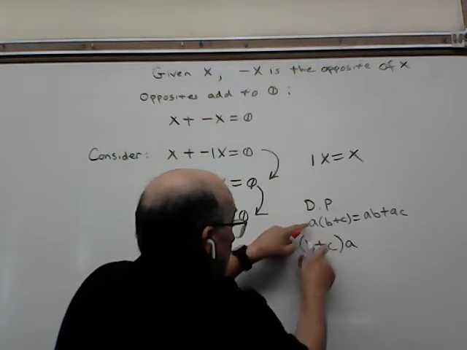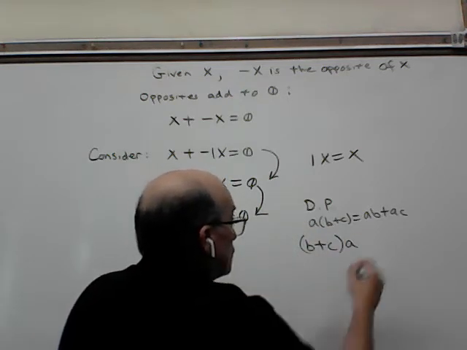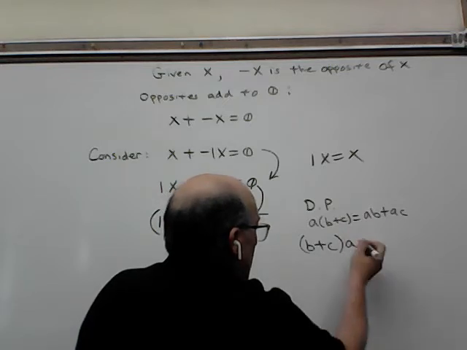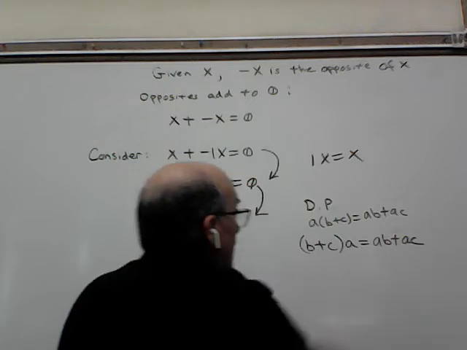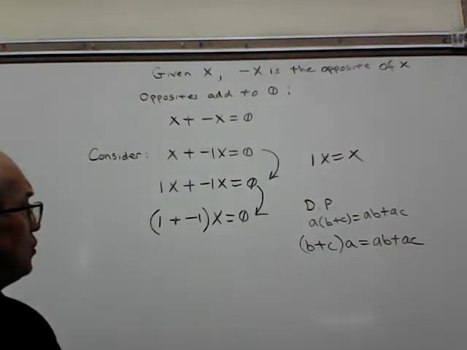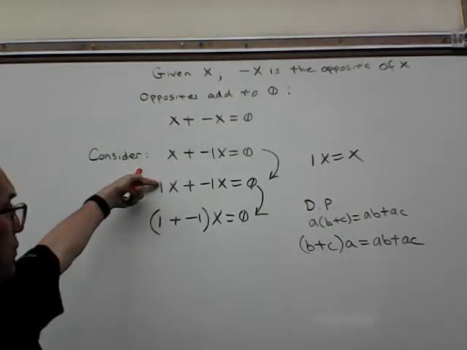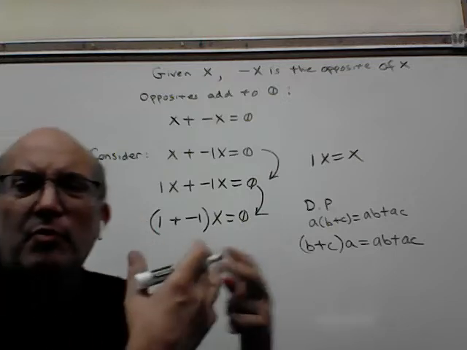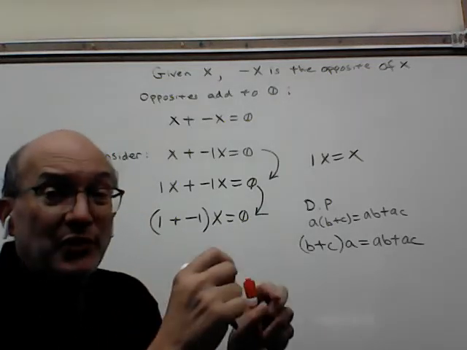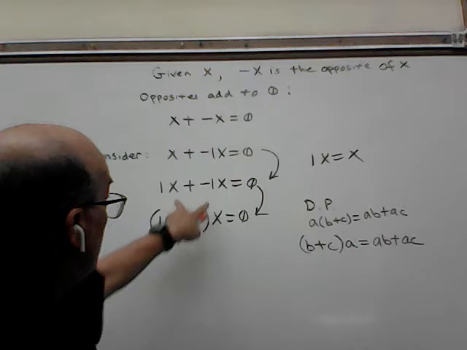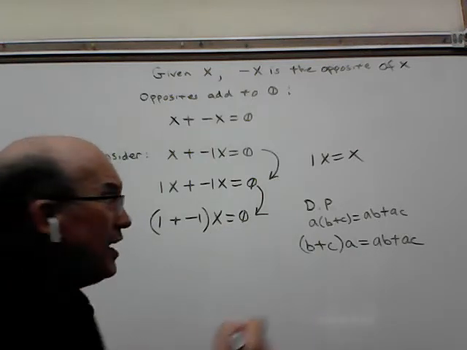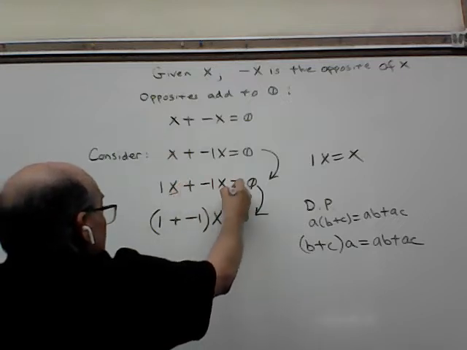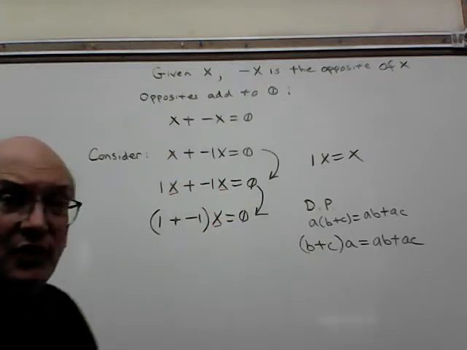The a and the parentheses can switch positions. So the distributive property allows us to go from here to here, the distributive property backwards. We also refer to this process as factoring out the x. We've got an x here and an x here, and we bring it outside the parentheses.